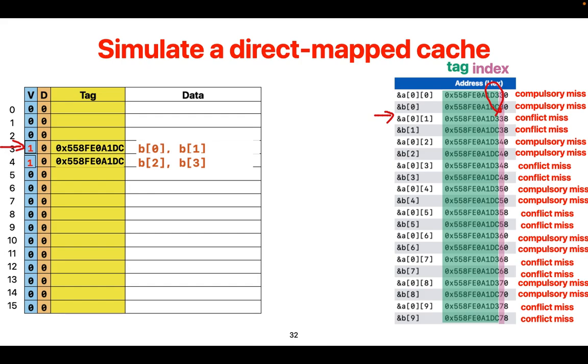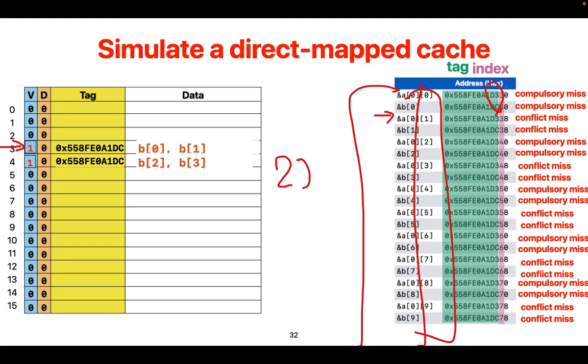But now, within this 100% miss, only 50% of them are compulsory misses, and the other 50% are conflict misses. If you look at the utilization of this cache and the size of data that we are traversing, we are only traversing 10 elements per array, so 20 elements in total, and each element is only 8 bytes.